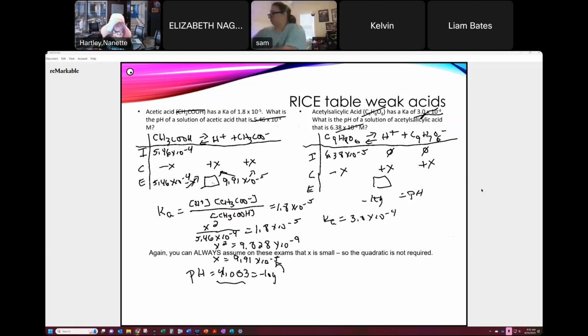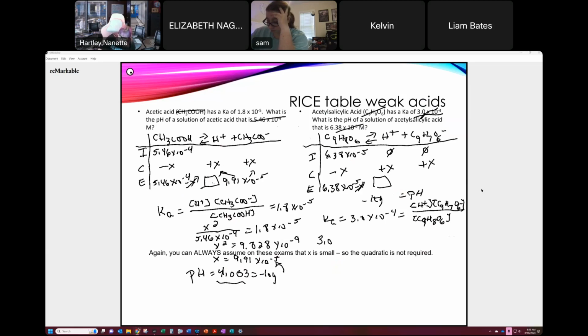That, of course, is equal to the H plus times the C9H7O4 minus over the C9H8O4, and I apologize, my handwriting is terrible. Since I know what this concentration is, because we again make the assumption that even though this is a minus x, that x is small, then I can plug that number directly in there.